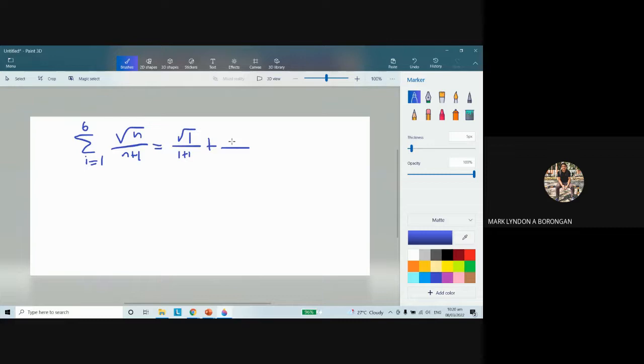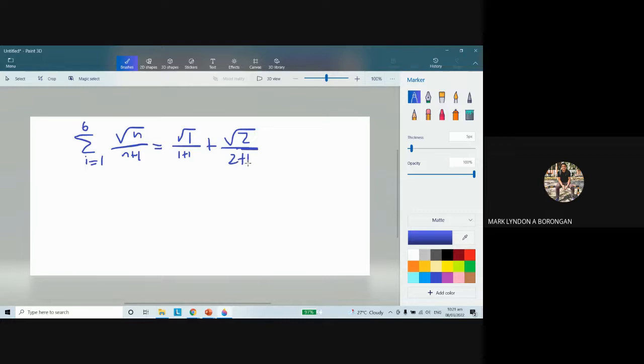Next. Square root of 1 over 1 plus 1. Square root of 2 over 2 plus 1.